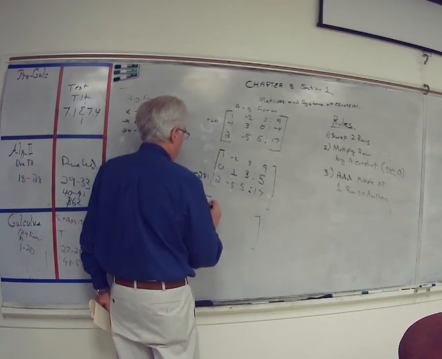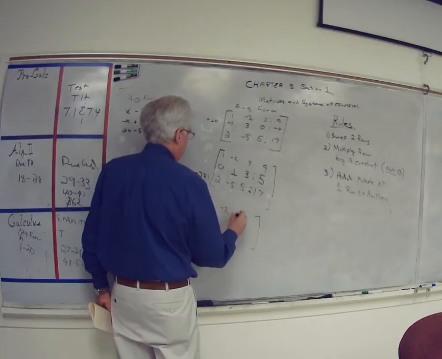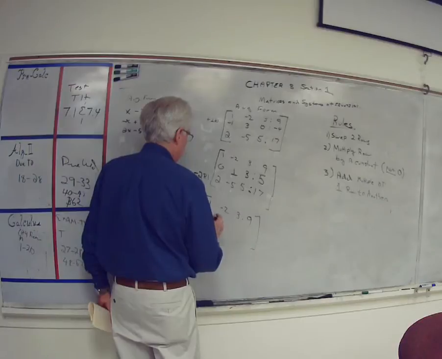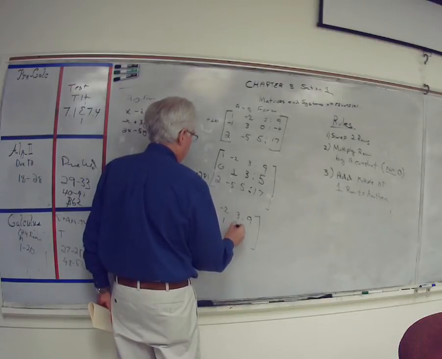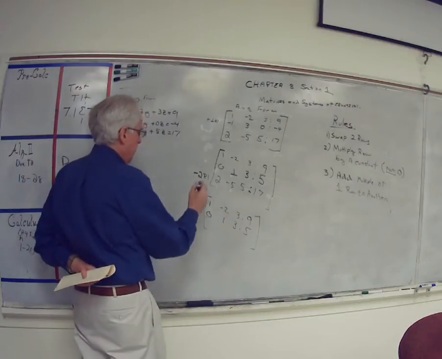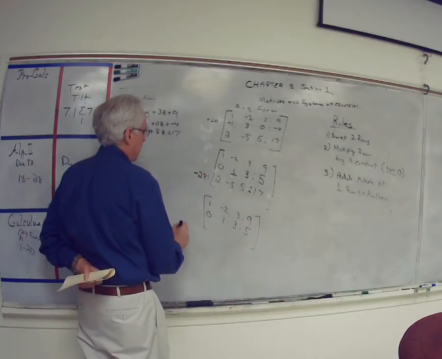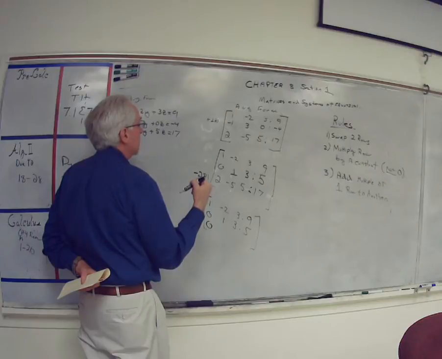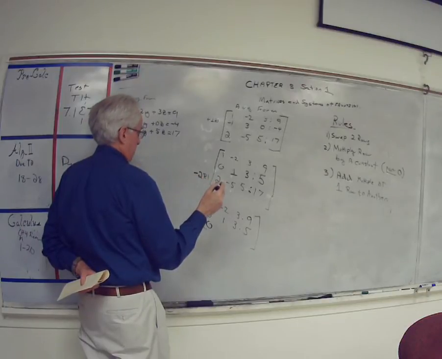Does anything change in the first one? No. I have 1, minus 2, 3, 9. Second one's already good. 0, 1, 3, and 5. Now, Emmy, you help me with the third row. So that would be 0. That's 0. Okay. So then you have -5 minus 2 times -2.